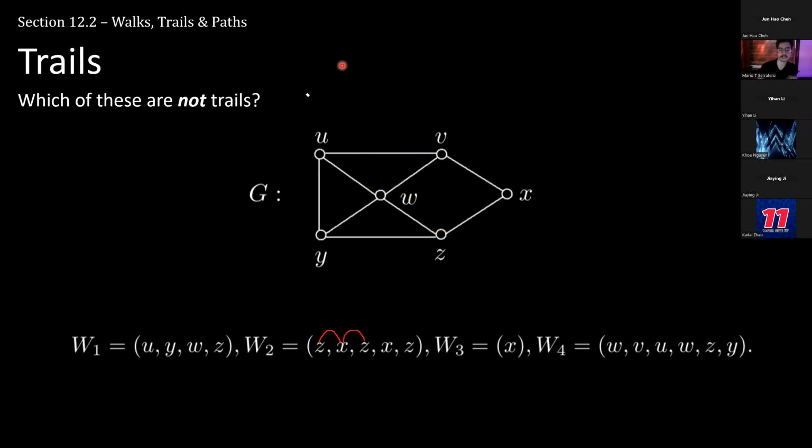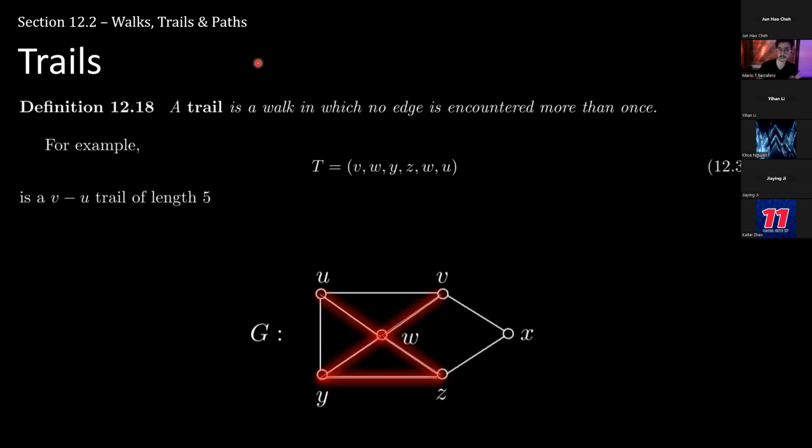So that's the distinction. It's a good question. It's a good mistake to make because sometimes we mix up which one is edge and which one is vertex. So in this case, W4 is a trail because we only care about edges, right? No edge is encountered more than once.